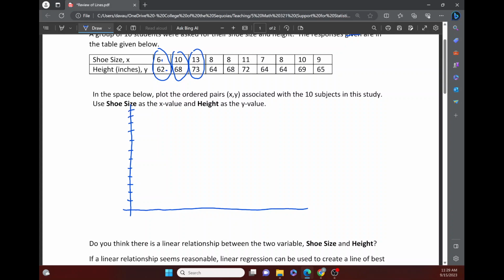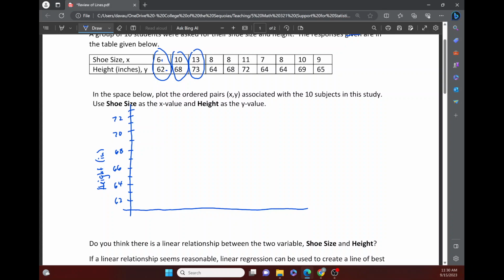Okay, something like that. And this is height, in inches.